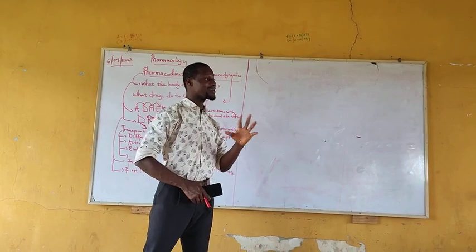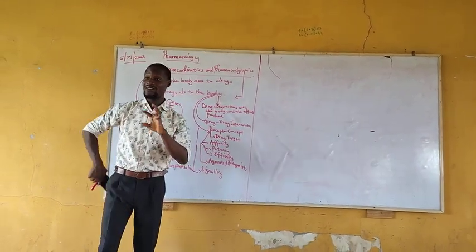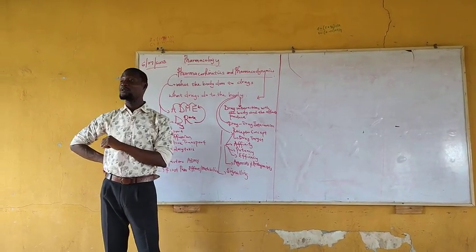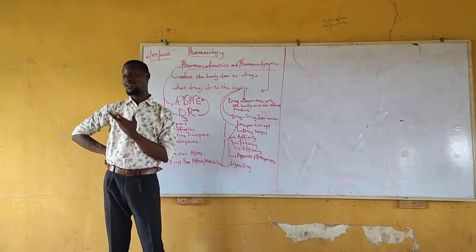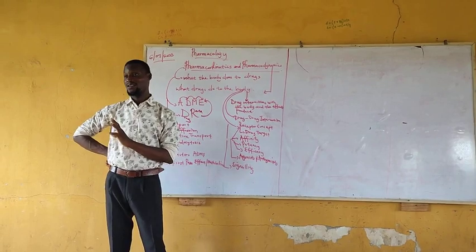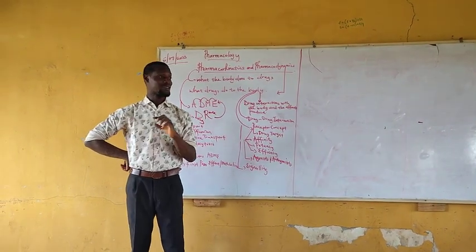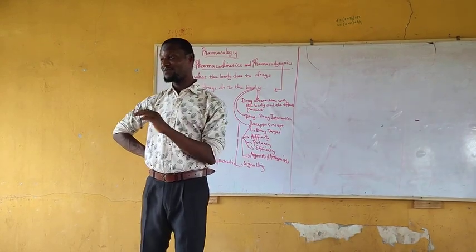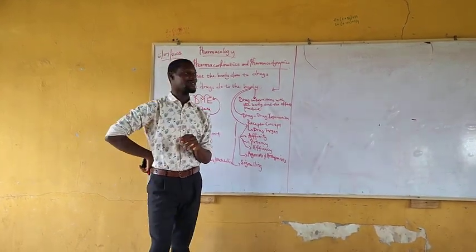It's one of the mechanisms that ensures that most of the things in your blood do not enter your brain. Maybe that's the reason why most of us have not gone mad. Because if everything that comes into your blood goes into your brain, most persons would be mad already.